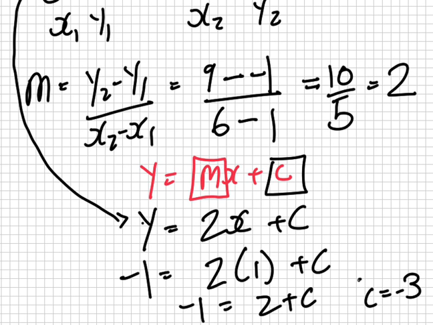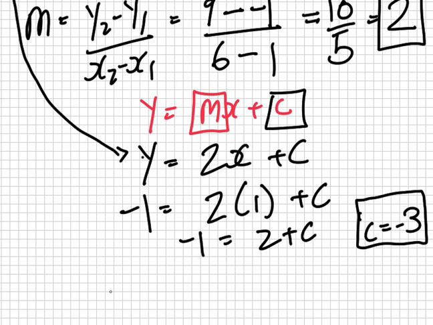There's the c. There's the m. So you have the answer now. Y equals 2x minus 3. That's the answer. Let's check. Okay. That's it. I'll do another example just to make sure you're okay with that.